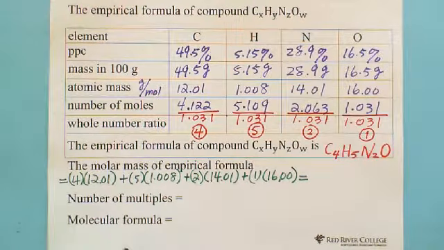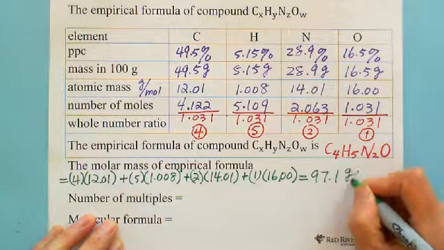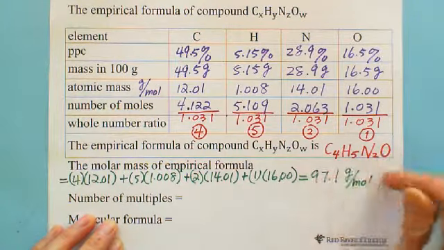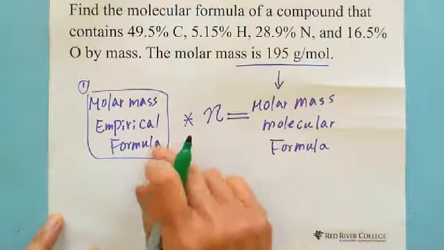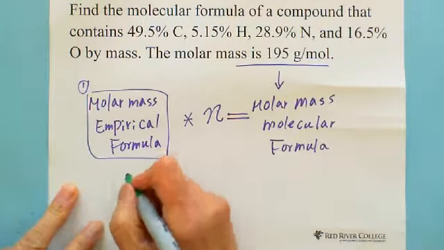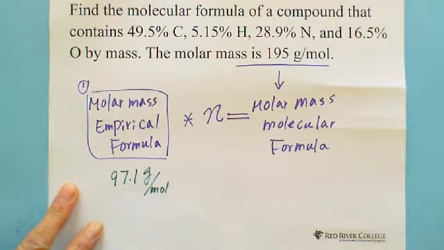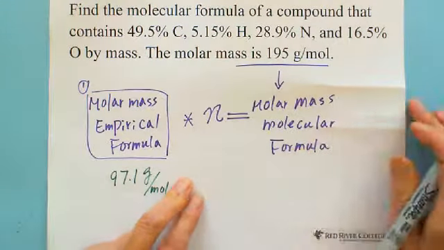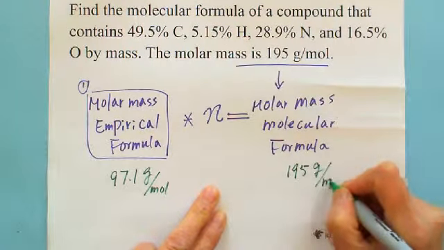You get the molar mass of the empirical formula, which is 97.1 grams per mole. The molar mass of the empirical formula is 97.1 grams per mole, and the molar mass of the molecular formula is 195 grams per mole.